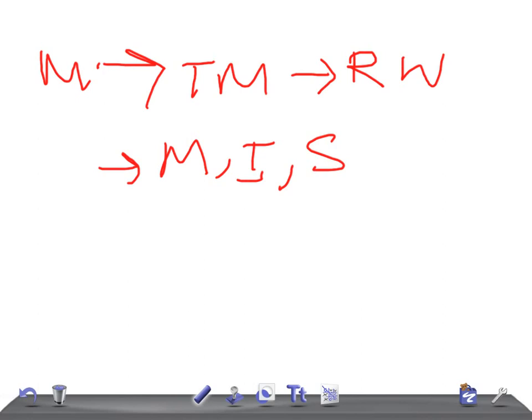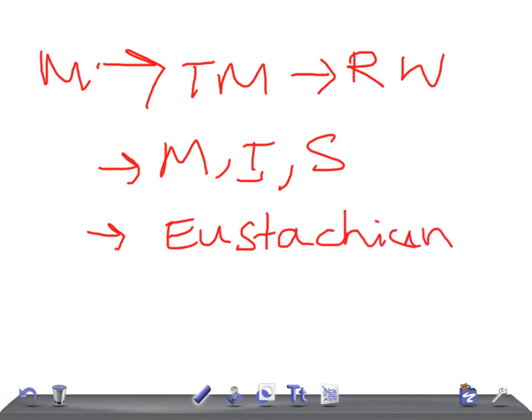The other thing present in the middle ear is the opening of the eustachian tube. One end opens in the middle ear and the other end opens in the pharynx, and this is really very important in middle ear infection.